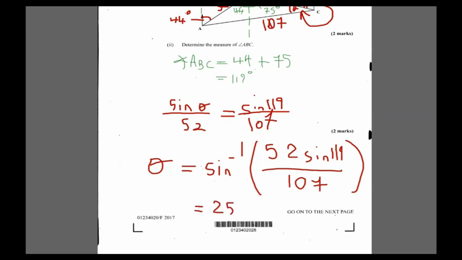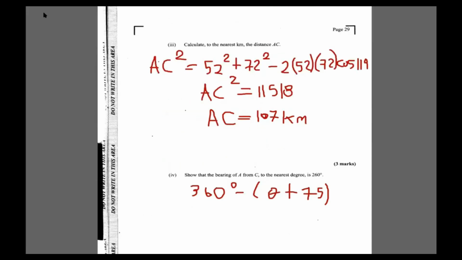Now that theta is equal to 25 degrees, I can go ahead and find the bearing. Continuing, the bearing is equal to 360 minus, in reality theta was actually 25.2, plus 75.